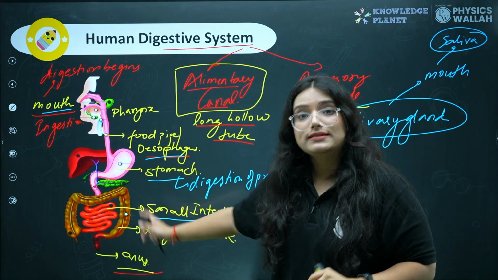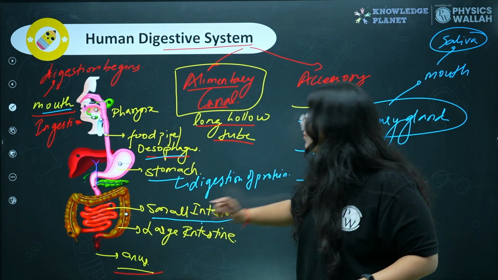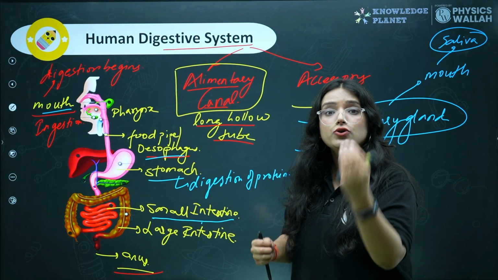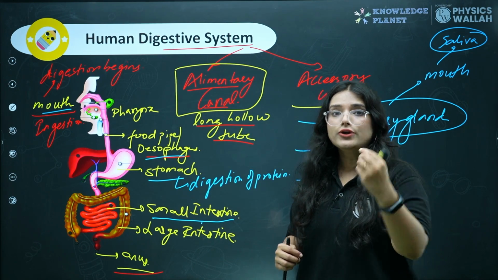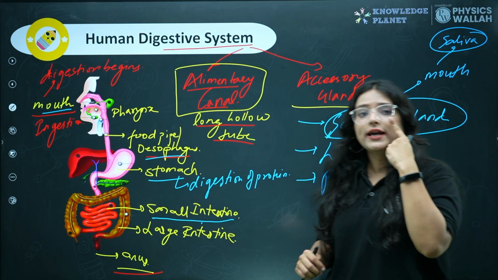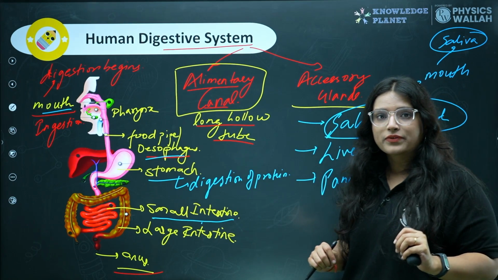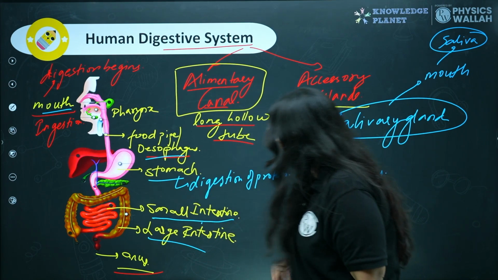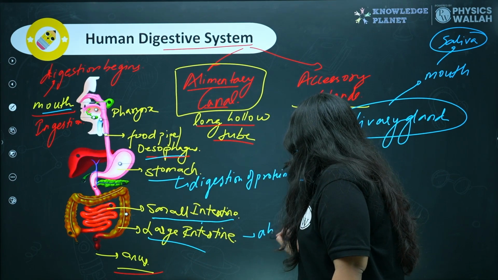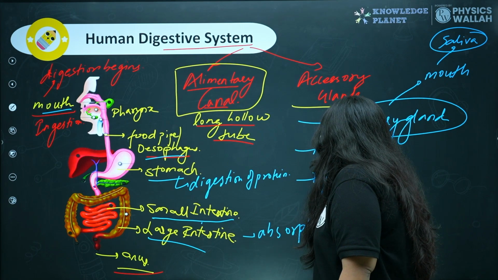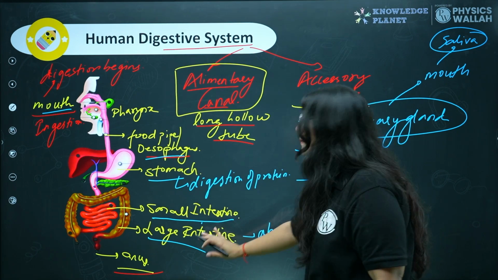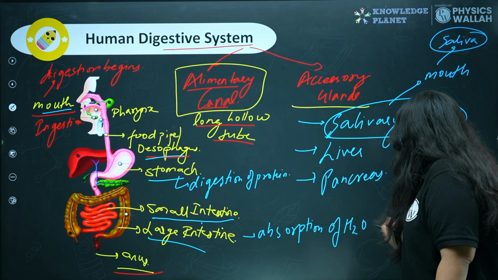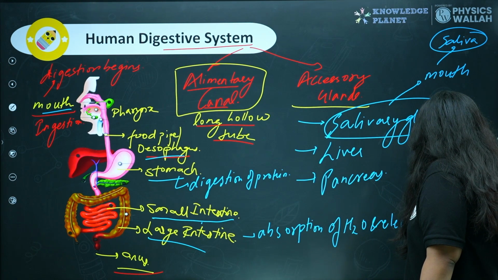So here assimilation takes place from the small intestine. Okay, where the essential nutrients are filtered out into the blood, and this blood will take these nutrients to each and every cell. Okay, now this undigested matter reaches the large intestine, where absorption of water, remember, no absorption of food will take place in the large intestine, only absorption of water and electrolytes.